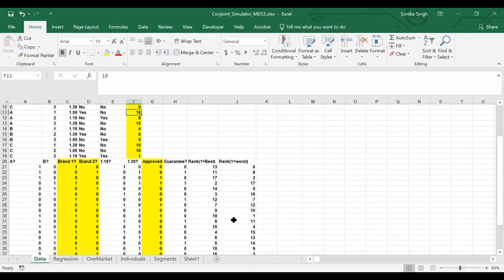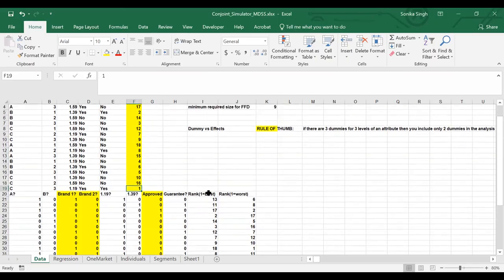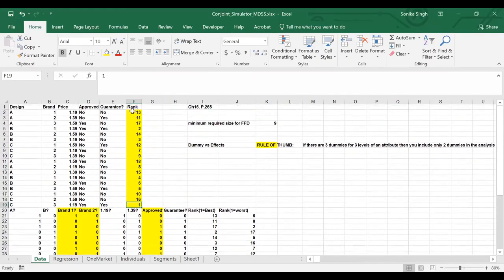So for the purpose of regression analysis, we are going to reverse code it, in the sense that this ranking 1, which represents the best option for the consumer, we are going to convert to the highest number. Now, how do we do that? Let's take the example. We know that there are 18 designs.